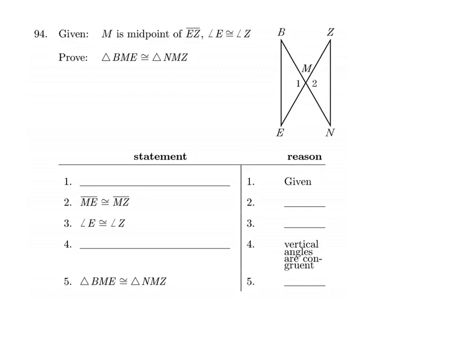M is the midpoint of EZ. That's given. They say E is congruent to Z. That's given down here. ME is congruent to MZ. That's just by definition of midpoint. For statement 4, it says vertical angles are congruent.